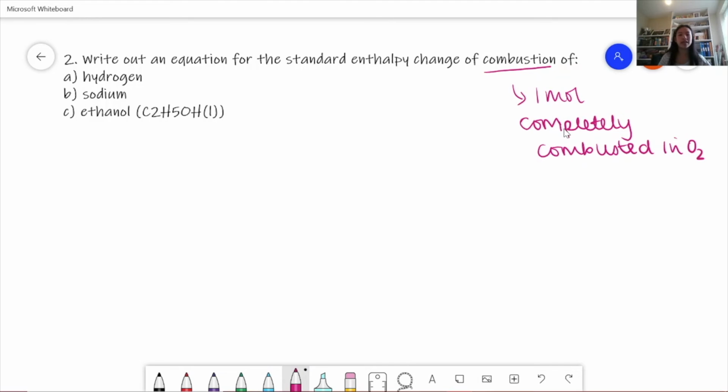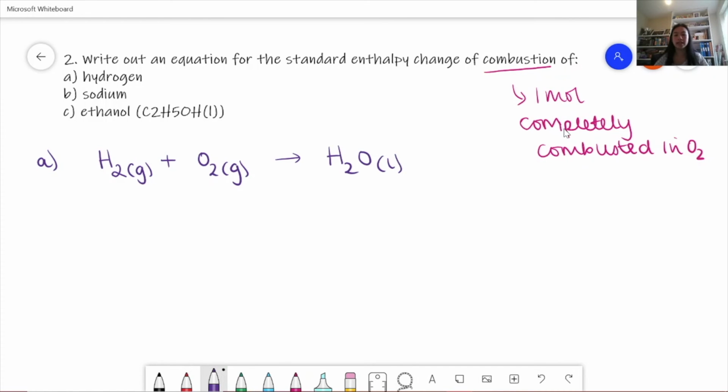And again, we have standard states and standard conditions. So for the first one, we have hydrogen. So that means that we use 1 mole of hydrogen in its standard state, and we completely combust it with oxygen. And when we completely combust hydrogen, we form water. And that's a liquid in its standard state.